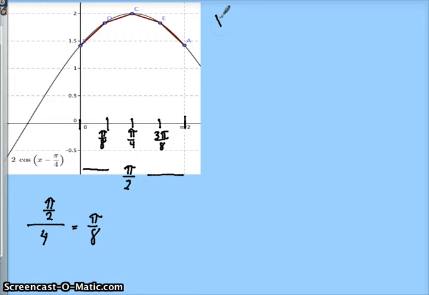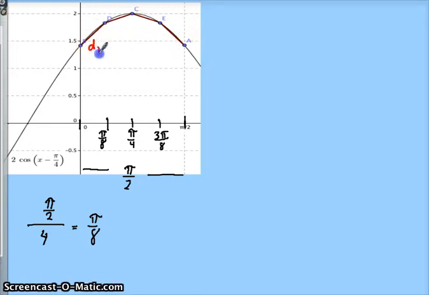Now, as you do this, I want you to be thoughtful about this. In some cases, your function will have symmetry. You do not have to draw the graph. If you are good with your trig graphs, I highly recommend doing it. Otherwise, you cannot assume that there will be symmetry within an interval. By drawing it, I can see there is symmetry.